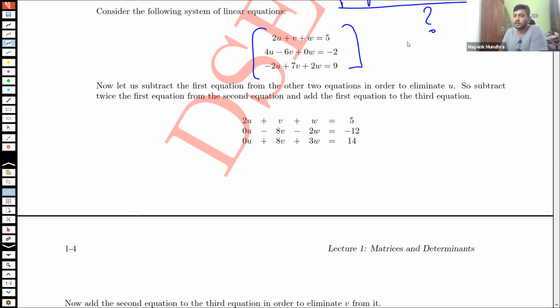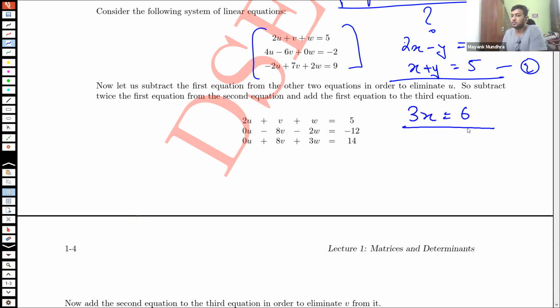So remember the simple equations 2x minus y equals 1 and x plus y equals 5. The first thing we did was we added the two equations to get 3x equals 6, to get rid of y. We added them in 1:1 format so that y gets eliminated.